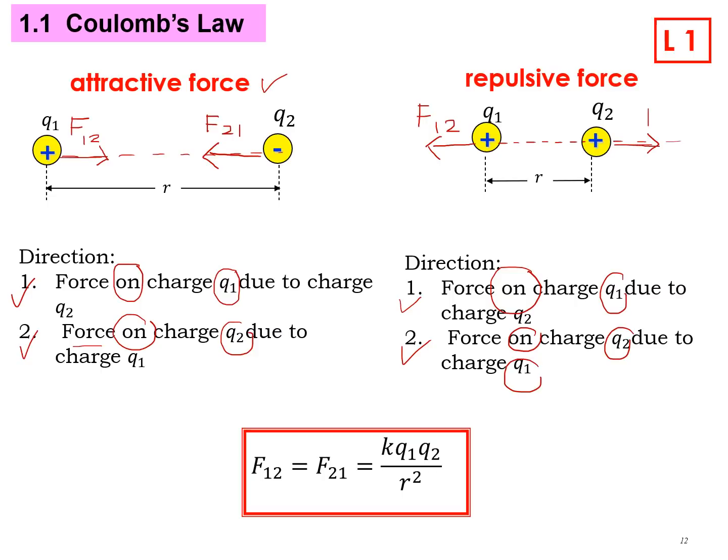So we label it as F on 2 due to 1. That's how we determine the direction of the electrostatic force acting on the charge.